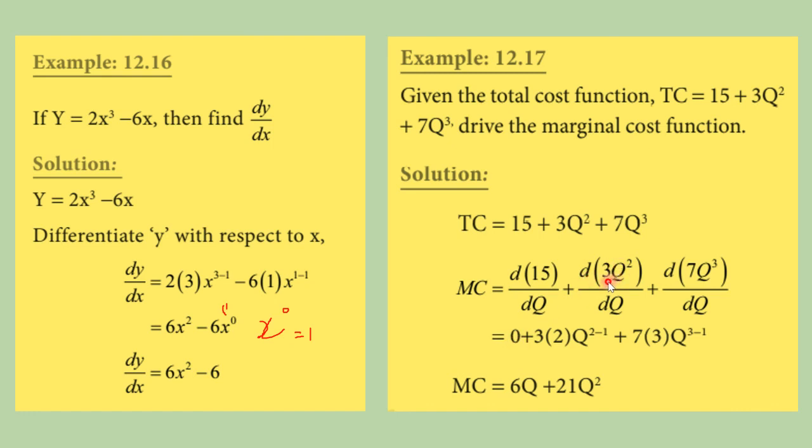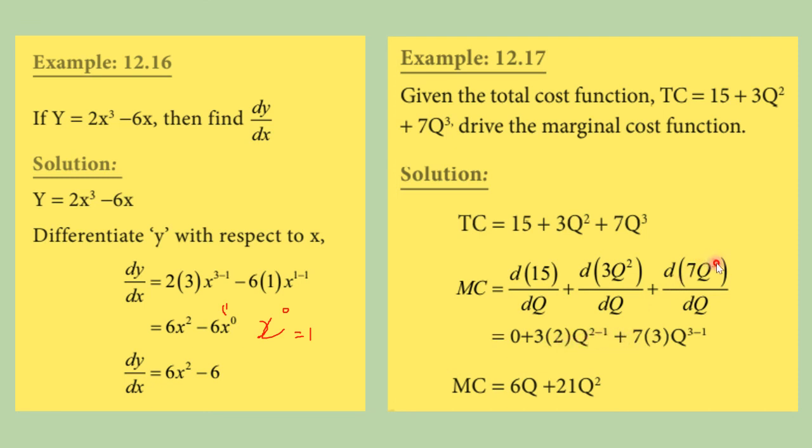How do you differentiate 3q square? Bring the power to the front. 2 into 3 will give you 6q. Power minus 1. q power of 2 minus 1 will give you 1. So 3 into 2, 6, q power of 2 minus 1.